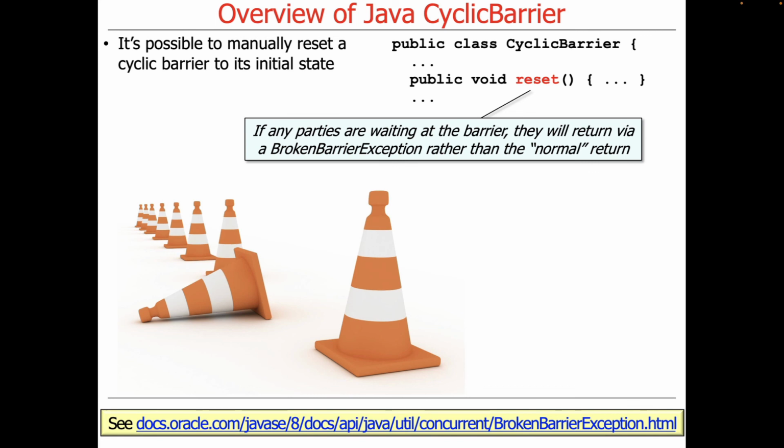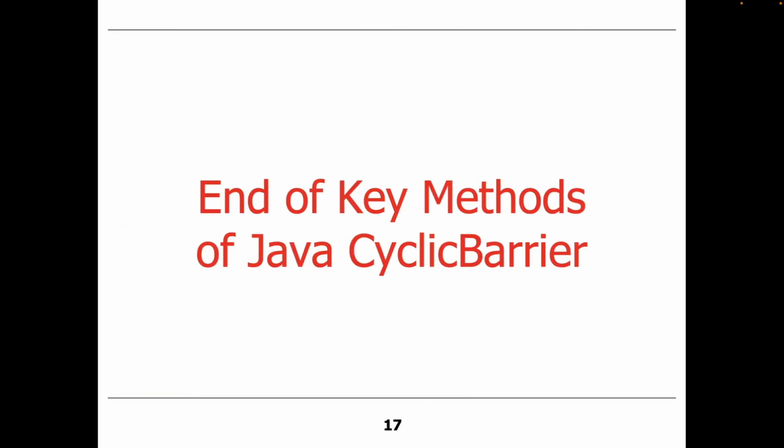If there are any parties waiting on the barrier by calling await, they will return via a broken barrier exception rather than the normal return value you get back when await returns. So the broken barrier exception is a way to indicate that something did not return normally. That's the end of the key methods of Java CyclicBarrier.